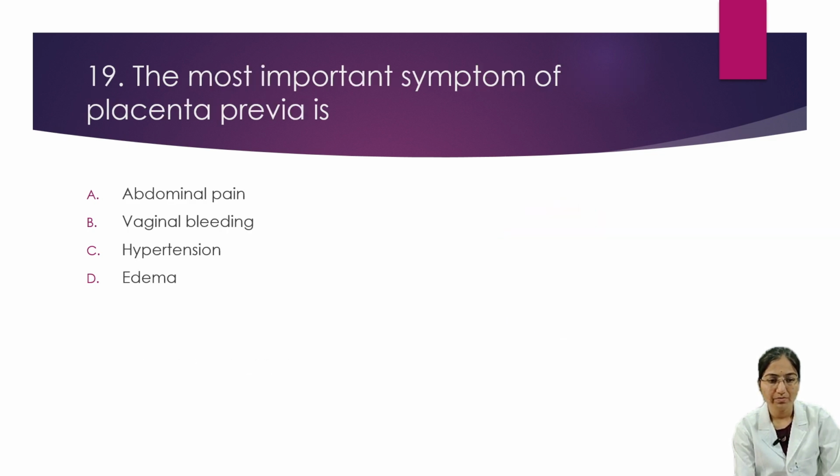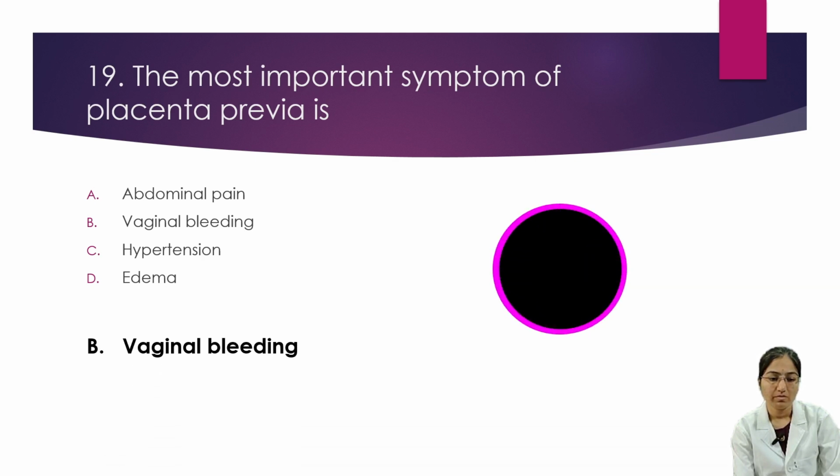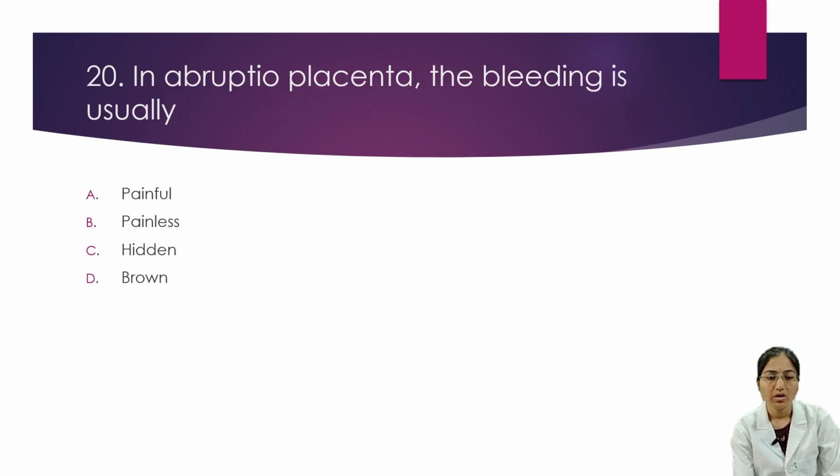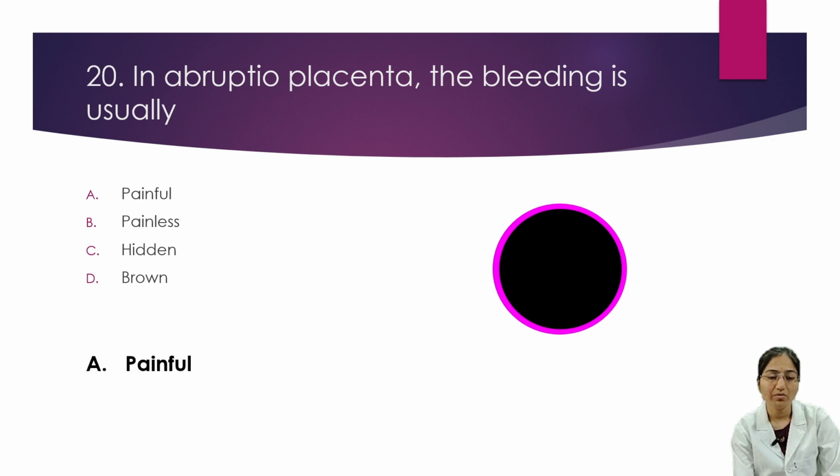fundus of uterus. The most important symptom of placenta previa is vaginal bleeding. In abruptio placenta, the bleeding is usually painful.